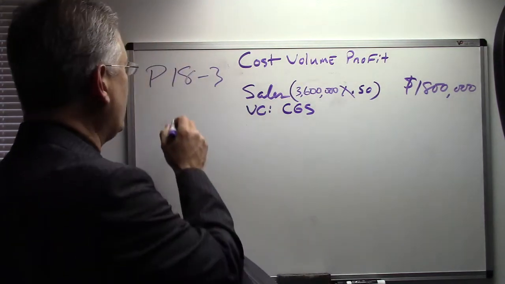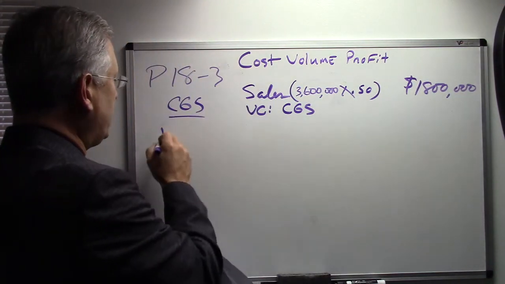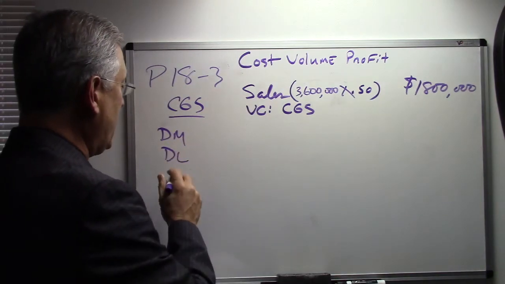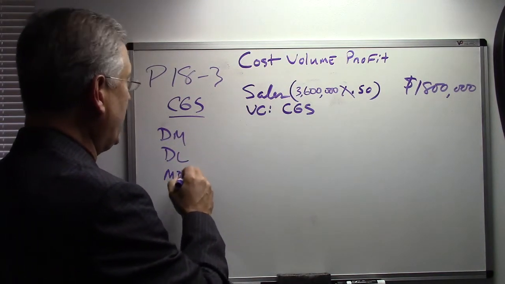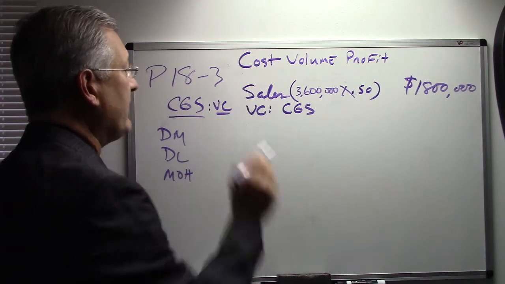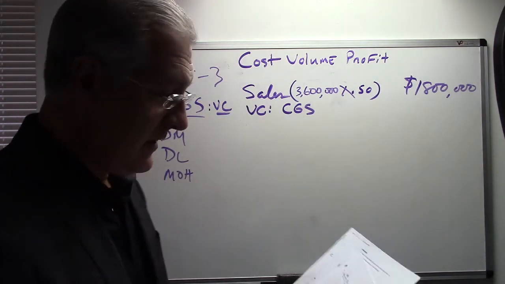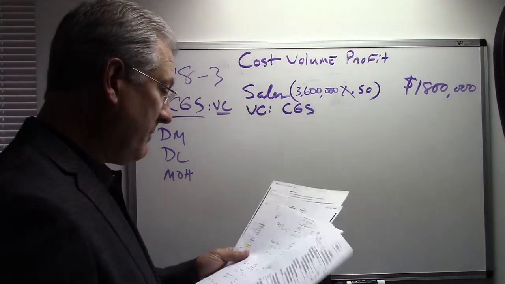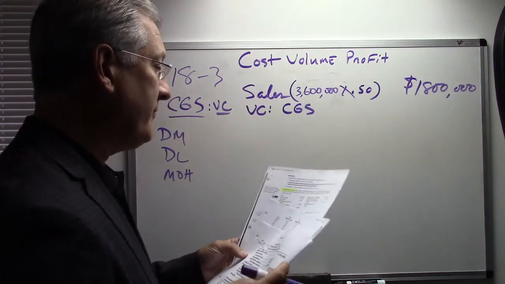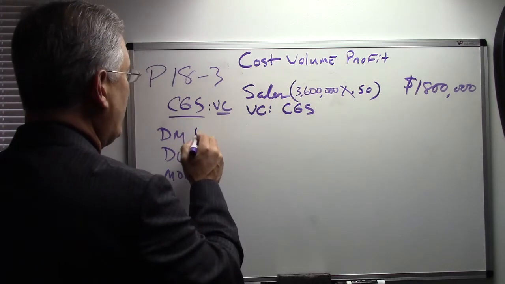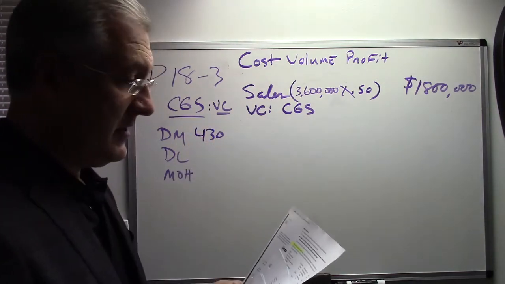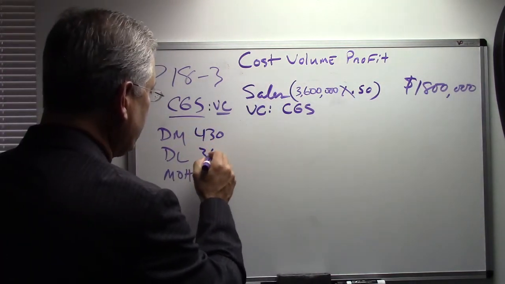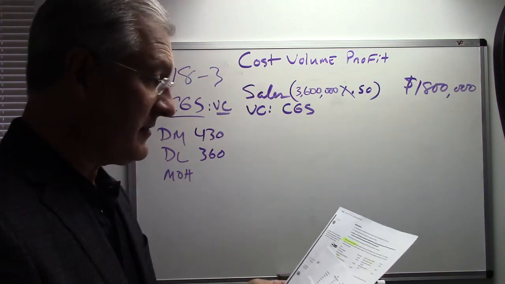And cost of goods sold, CGS, is made up of direct materials, direct labor, and manufacturing overhead, but only the variable piece. So direct materials, from the piece of information they gave you, is $430,000. The direct labor is $360,000.